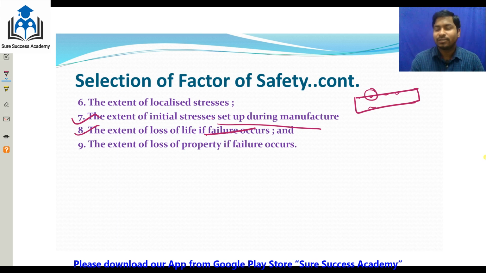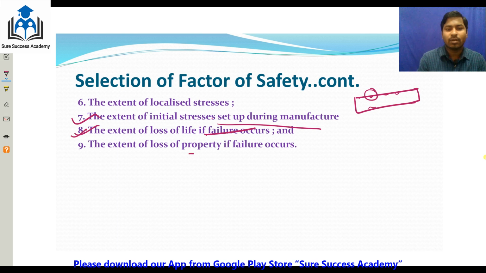So in that condition, I should give the factor of safety. Suppose 100 MPa is the material strength, I will always give 2 or 4. If you give factor of safety 4, 100 divided by 4 is equal to 25 MPa. Working below 25 MPa is the safest working environment, safest for the person.